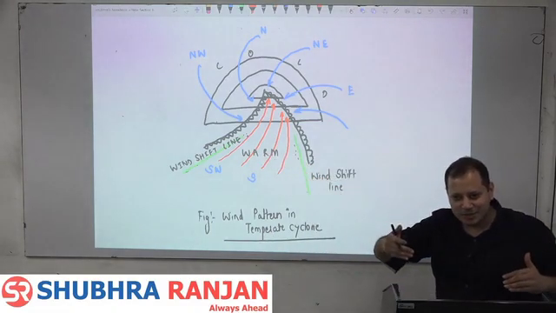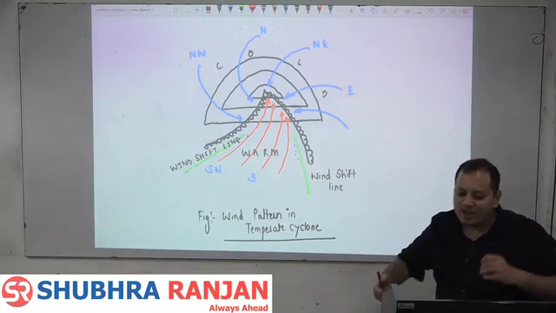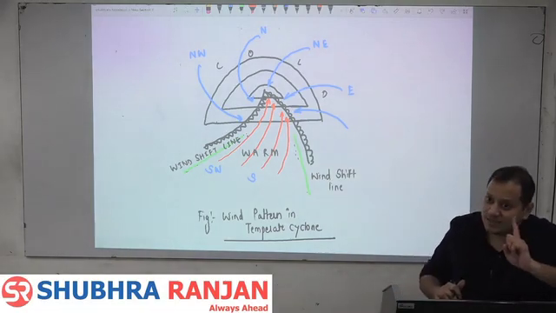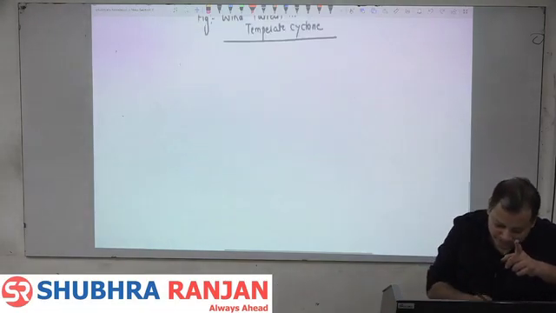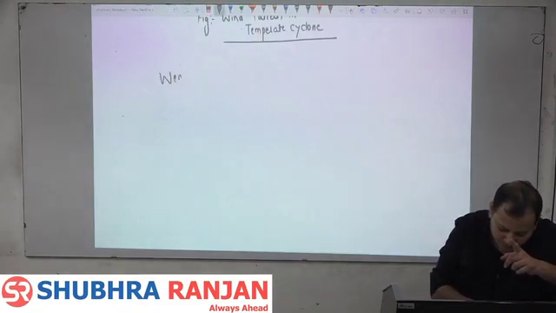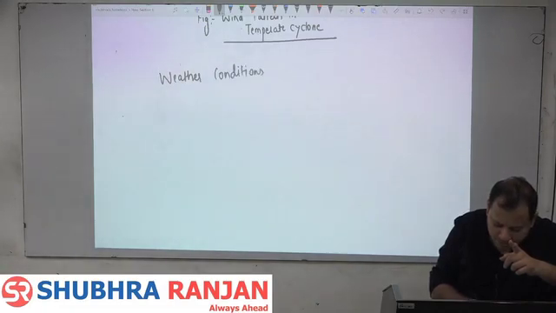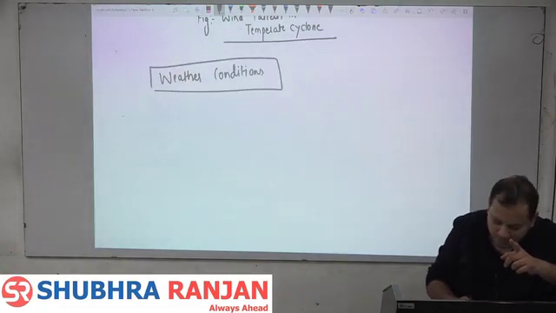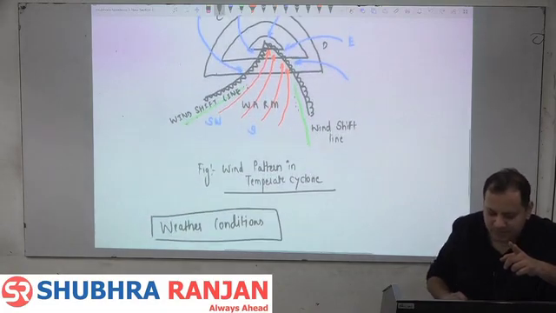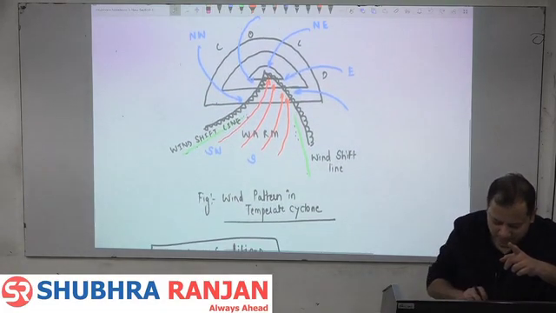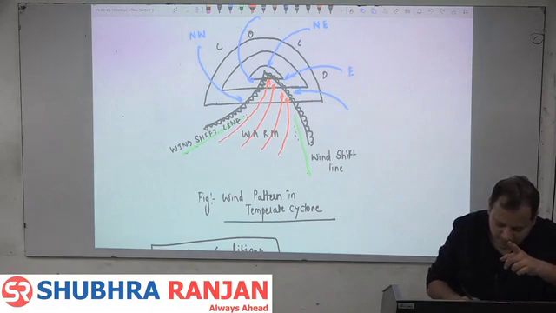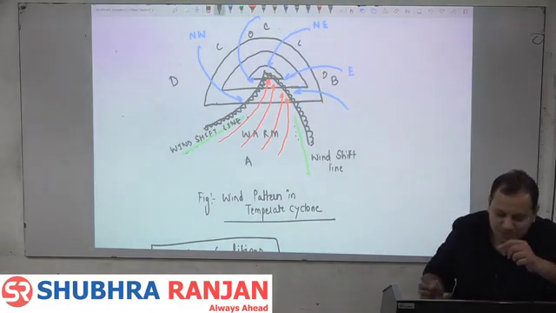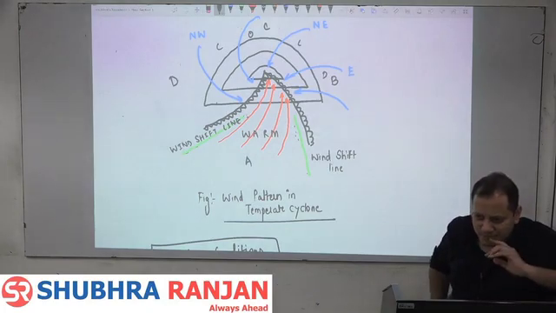Western disturbances. Understanding? This rainfall is known as western disturbances. Cold front precipitation, warm front precipitation. And coming to, which can be asked as a separate question, the question was, they had given you a diagram and they had marked it A, B, C and D, and which part is having, a very simple question.